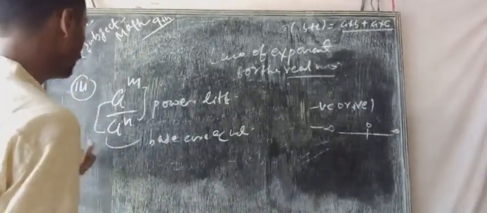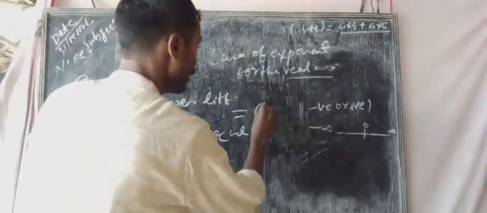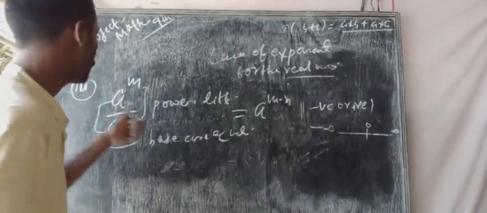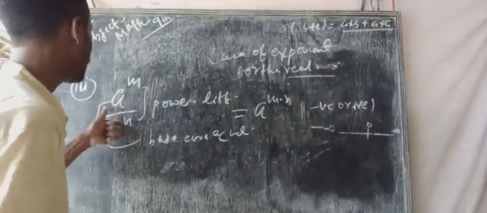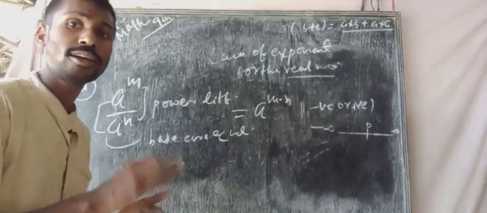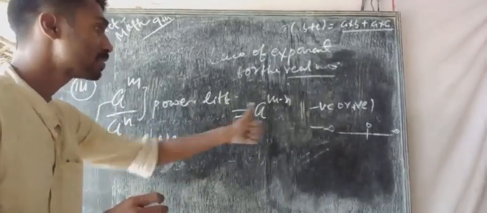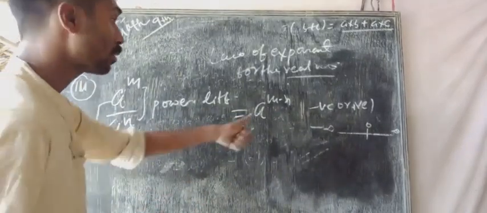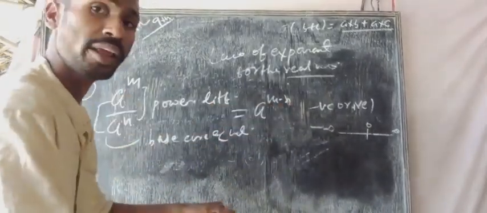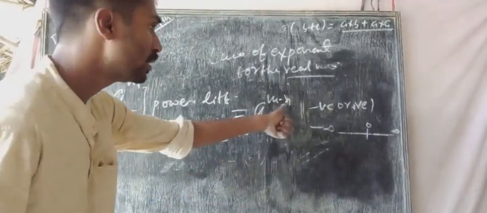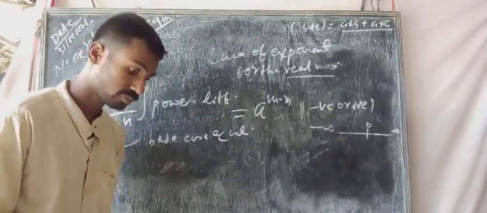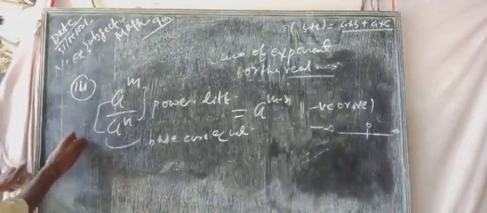So this can be written as a to the power m minus n. I told you in our previous classes that when the base is equal and in case of division the power is different, power should be subtracted. That means m minus n, where m and n are integers, positive or negative. Clear?